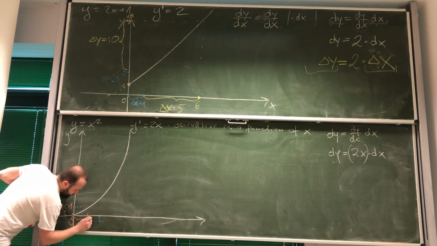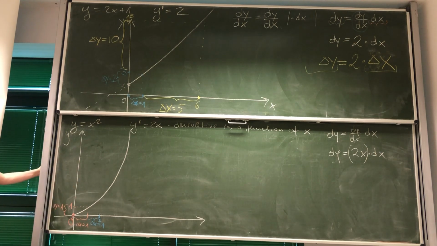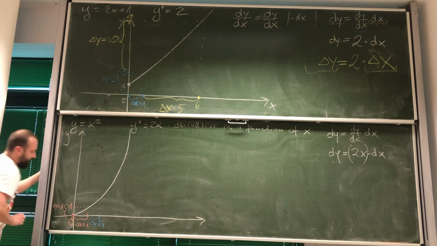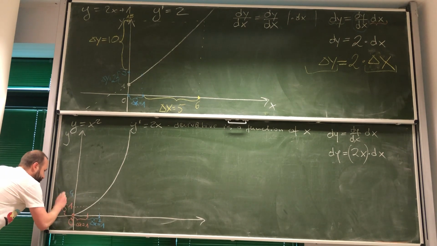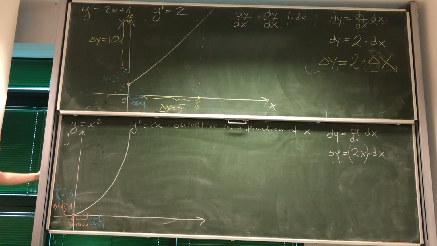What happens then? If I'm going to increase x to 2, so again, delta x is equal to 1. What happens to the value of y? Well, if x is 2, y is 4, right? Which means that delta y over here is equal to 3.